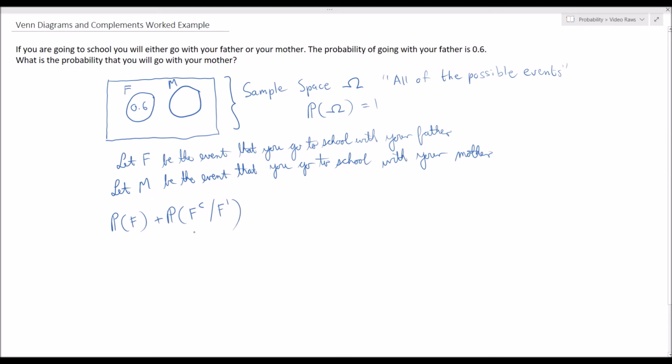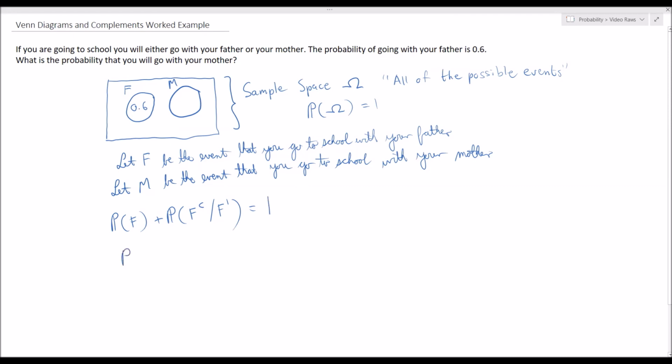So a complement means that it's all the events where we don't go to school with our father. So we either go to school with our father or we don't go to school with our father. And since probability has the property that it has to add up to 1, the probability that we'll go with our father plus the probability that we won't go with him has to add up to 1.